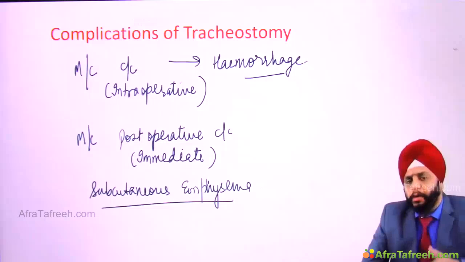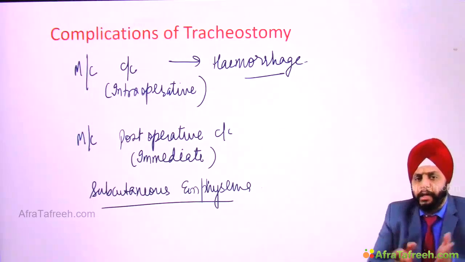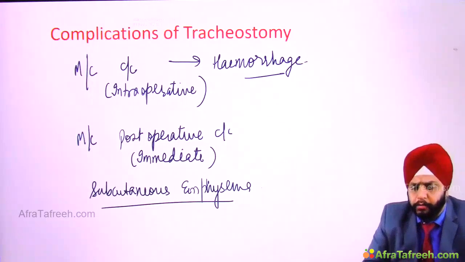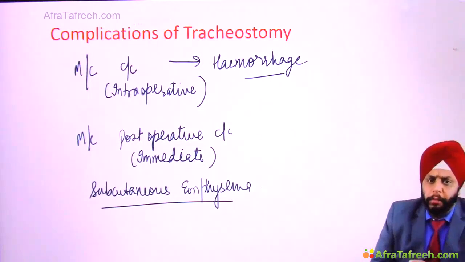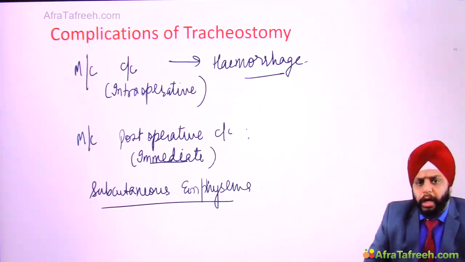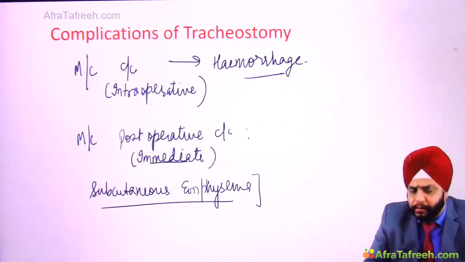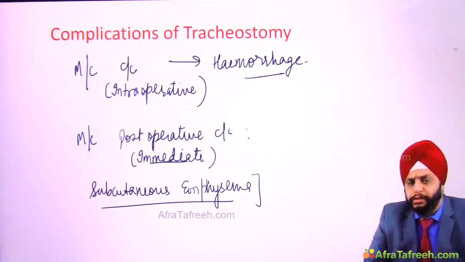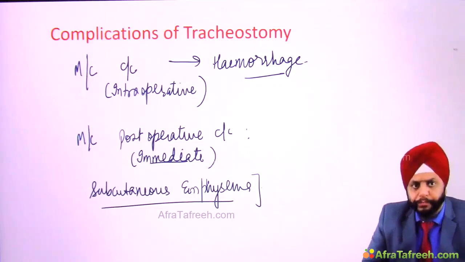So the air coming out of the trachea is not able to come out completely, and some of the air escapes into the subcutaneous tissue and causes emphysema, right? So this is the most common immediate post-operative complication, and for this the simple way is to extend the incision a little bit, or if we have stitched the incision and applied some suture, release one of the sutures and this emphysema will settle down, right?